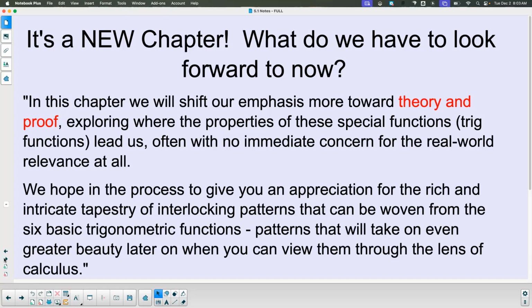Chapter 5 covers identities, solving trigonometric equations, proving trigonometric identities, more identities, law of sines, and law of cosines. This unit breaks up into 3 different parts.